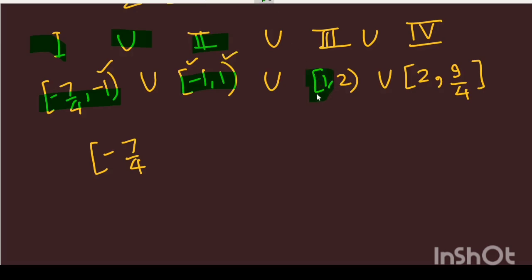So 1 is also joined in the solution set. Now again here 2 is there in open but 2 closed is there, so it will be continuous only. 2 is joined in the solution set. Finally it will end at 9 by 4. Directly in the last step we can write comma 9 by 4. That is the answer.